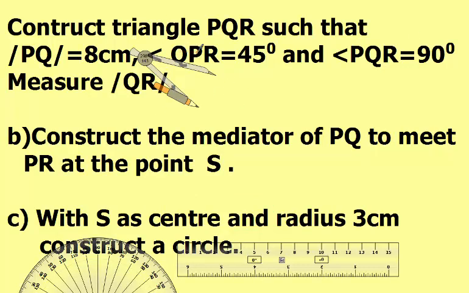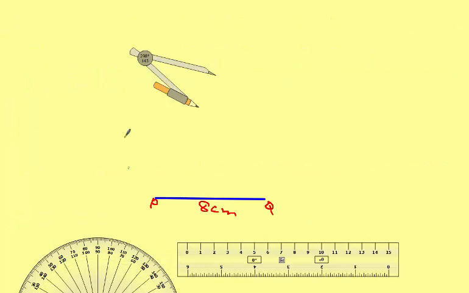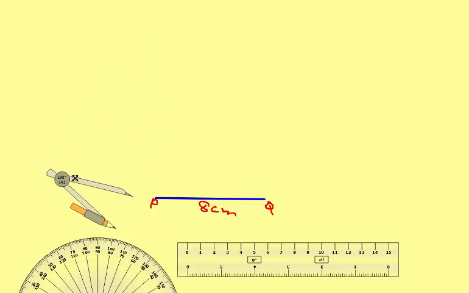Angle QPR. It means point P. We are going to construct angle 45 at P. So as usual, you are going to draw your semicircle.